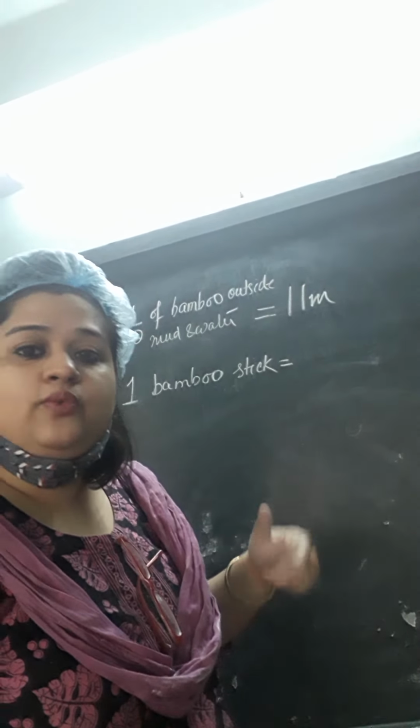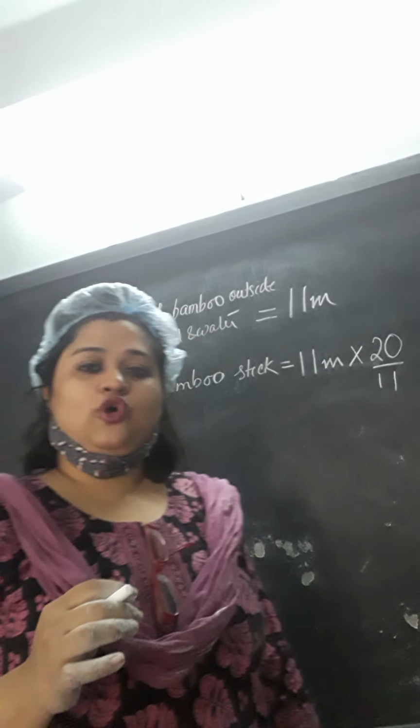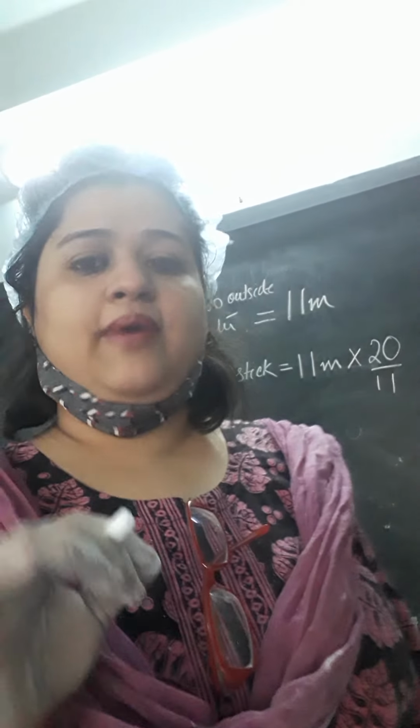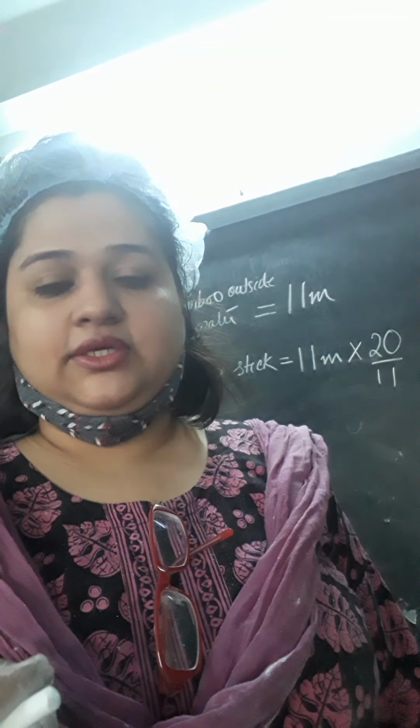So whenever we have to find more, what do we do? Whatever is the length given, with that we will multiply the reciprocal of this fraction, that is 20 by 11. Again repeating, the length of a fraction of bamboo stick which is outside water is known, 11 meters.